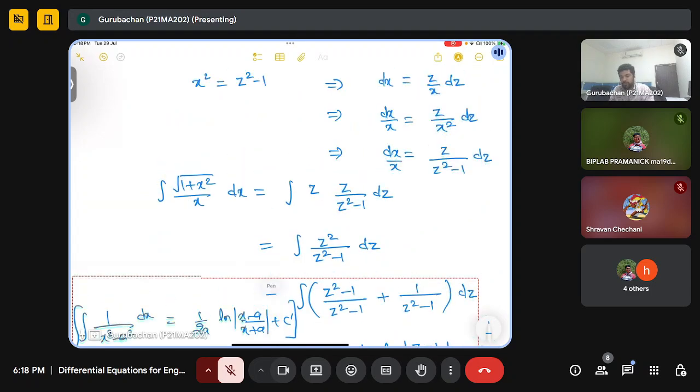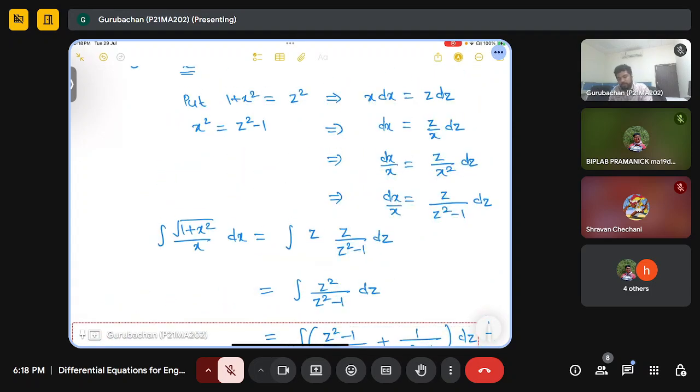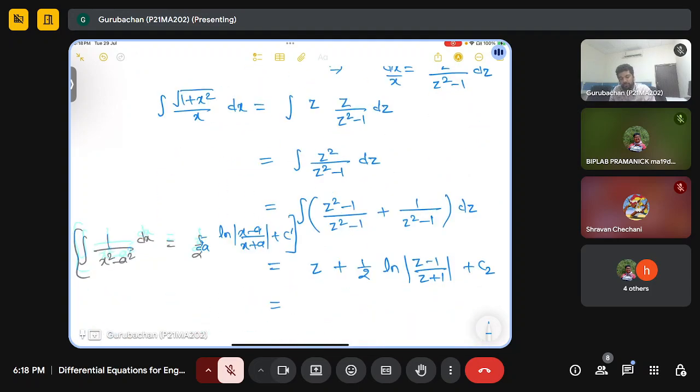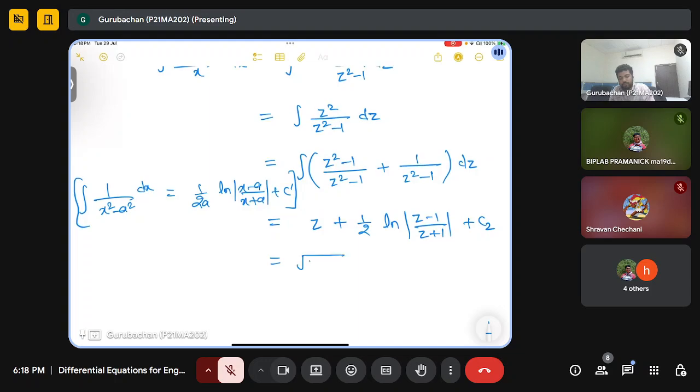So it was, you have assumed that from here z can be written as under root 1 plus x square. So it will give you under root 1 plus x square plus half ln of under root 1 plus x square minus 1 divided by under root 1 plus x square plus 1, plus some c2.